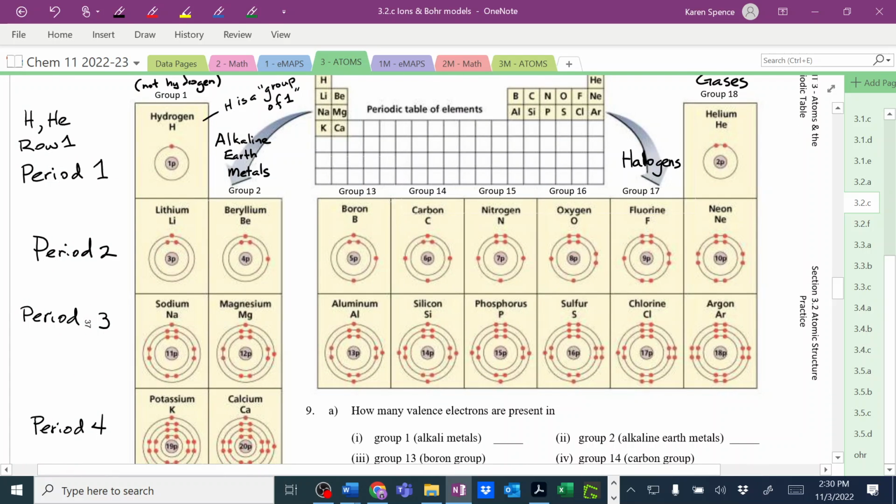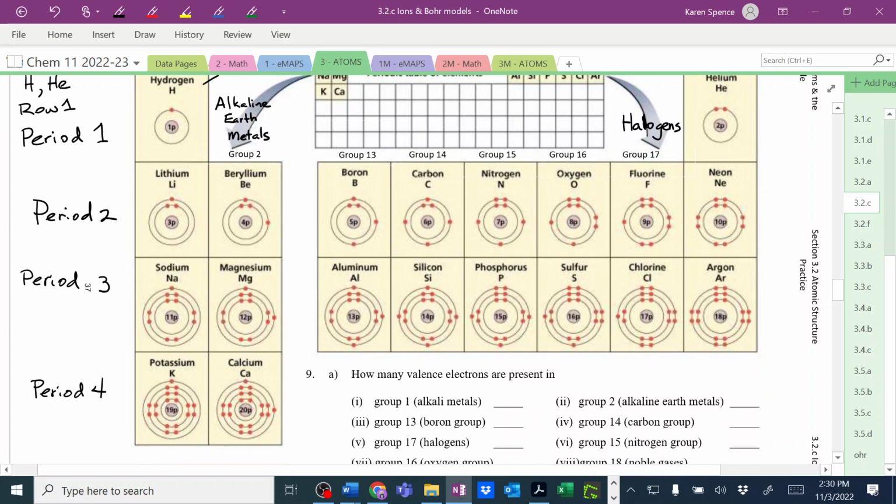What do you notice when we go through group 1? What does all of group 1 have in common? 1 valence electron. What does all group 2 have in common? 2 valence electrons. And then it's too bad it wasn't group 3, but it is group 13. Okay, so we have a 3 there still.